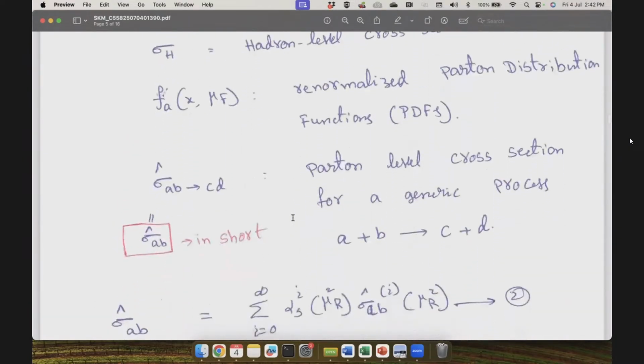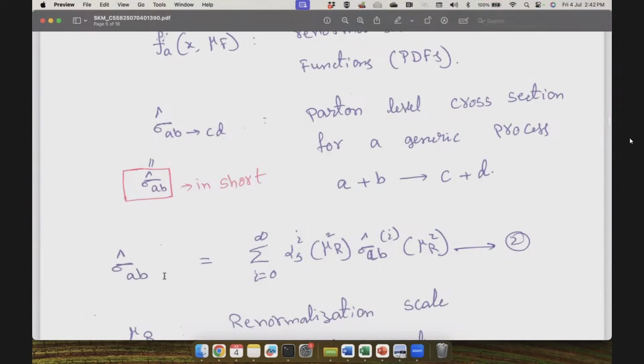So here is the place where I can connect the Parton level cross-section sigma hat AB with the previously defined expansion parameter. The expansion parameter in the case of our LHC studies, in perturbative QCD, we take the strong coupling constant.